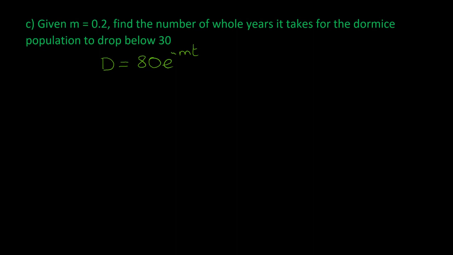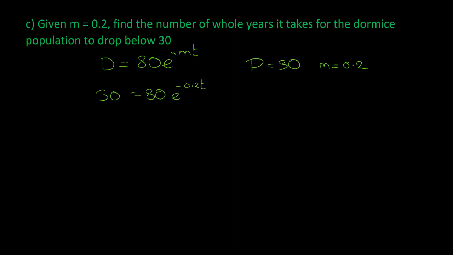So we're going to find out how long it would take to get to 30 exactly, and then interpret that in terms of the question. So our d is going to be 30 and our m is now 0.2. So that gives us 30 equals 80 e to the minus 0.2 t.